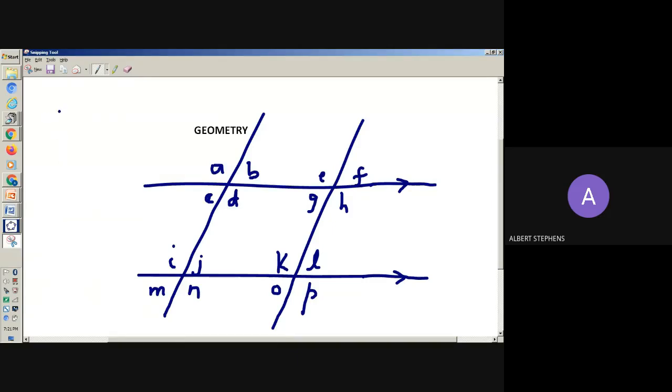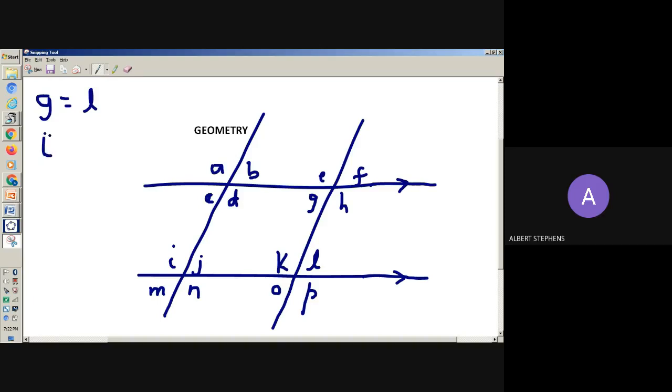Question: true or false? Is G equal to L? True. What's the reason? Alternate angles, or Z angles, as some of you say. Right. Cool. What about true or false?